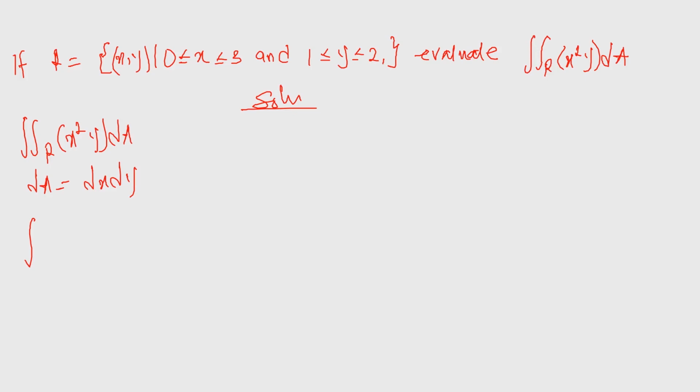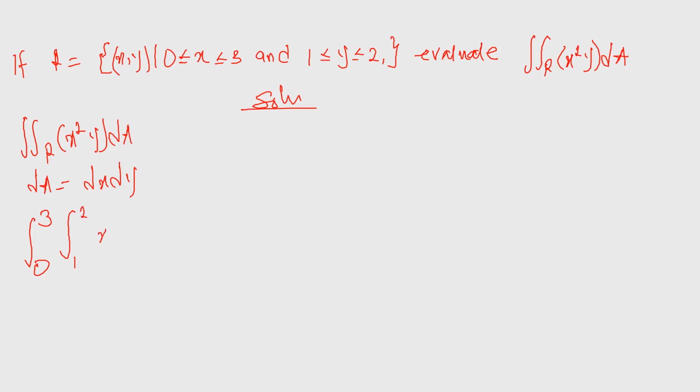So let's say I'm integrating with respect to y first, which means my first integral here is going to be with respect to x, so the lower boundary is 0 and the upper is 3. Then the other one is 1 and 2. Then what is my function?